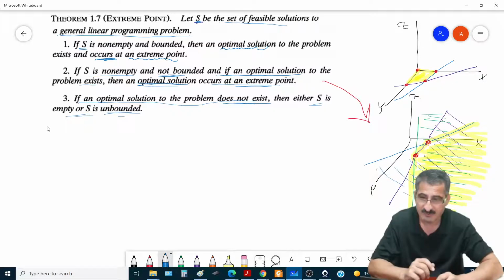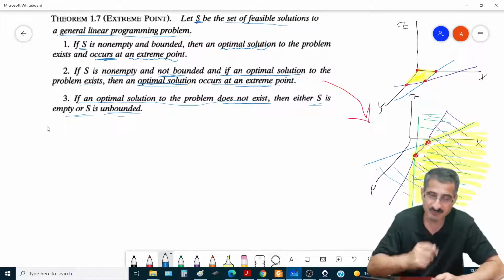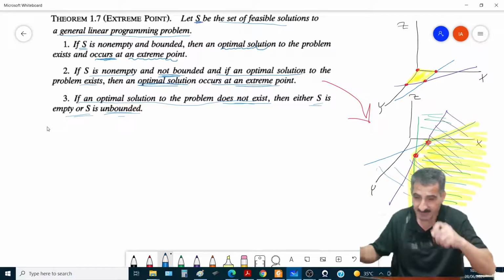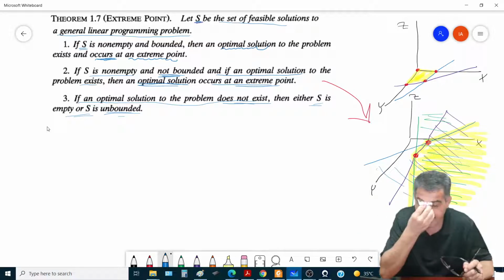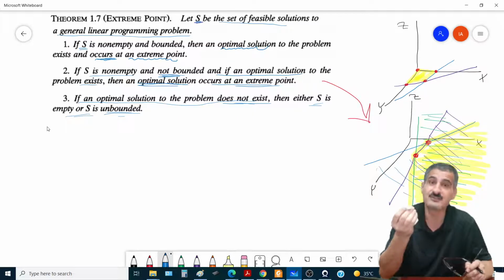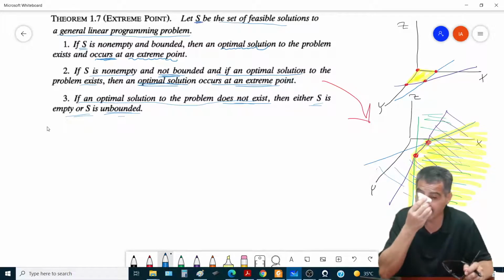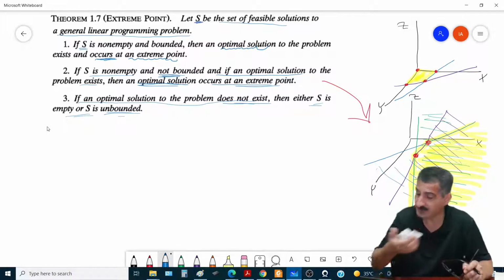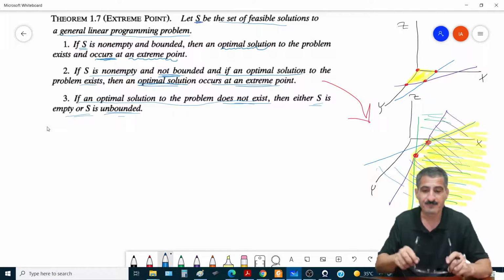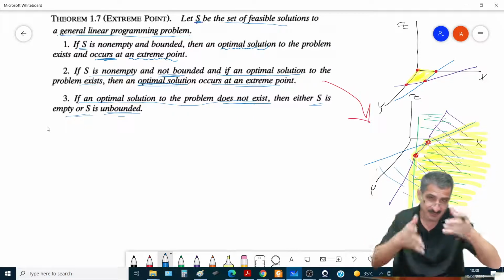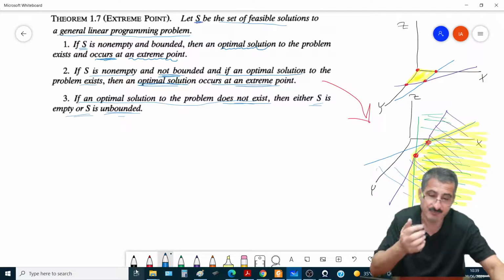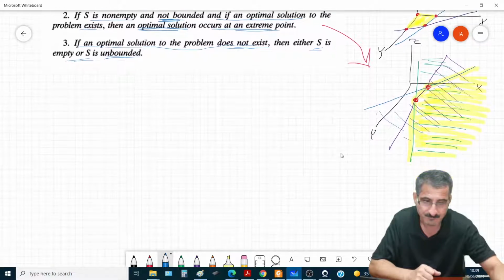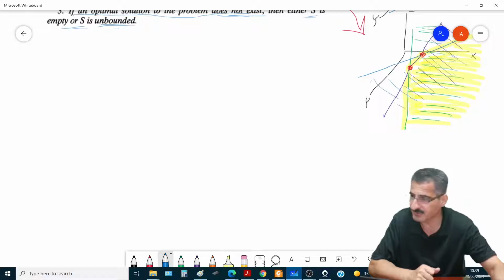We are not saying that if the set S is unbounded, then there is no optimal solution. No, we are not saying that. Part 3 says if an optimal solution does not exist, that's because S is empty or unbounded. Okay, good. Any questions so far?